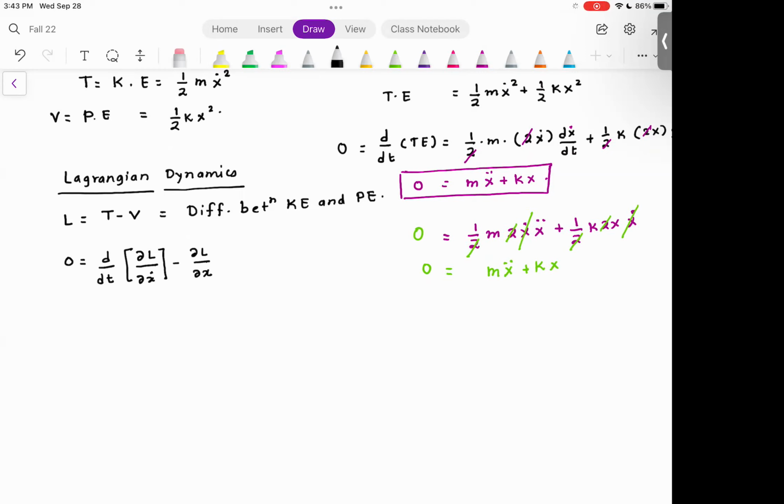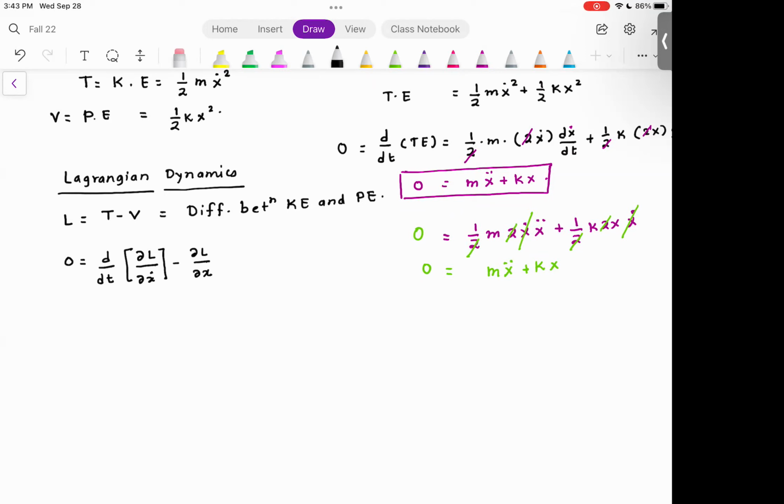Now, why is this partial coming in the picture? Because please try to understand, kinetic energy has a velocity term. Potential energy has a displacement term. Do you agree with me? This Lagrangian, what I have defined, is a function of kinetic energy and potential energy, in other words, velocity and displacement.